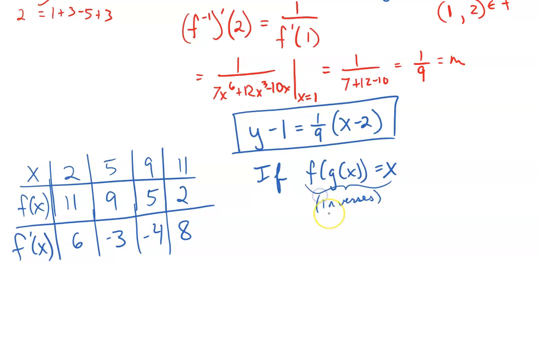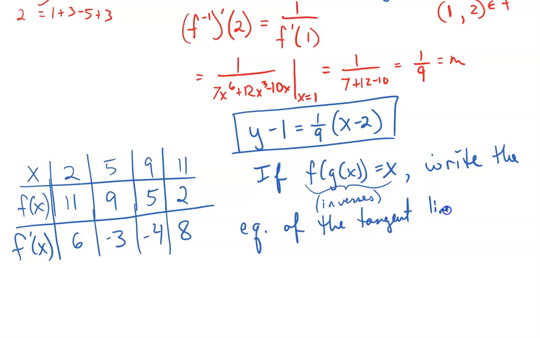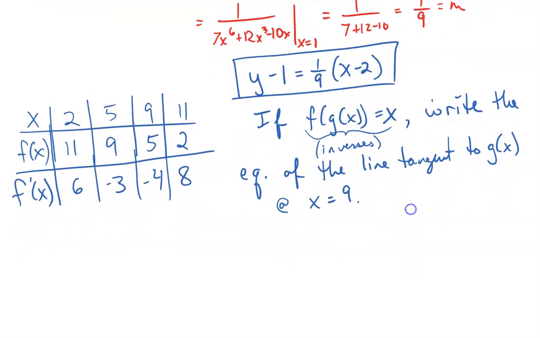So if f of g of x is equal to x, write the equation of the line tangent to g at x equals 9.